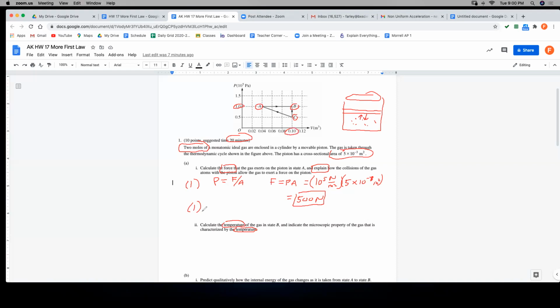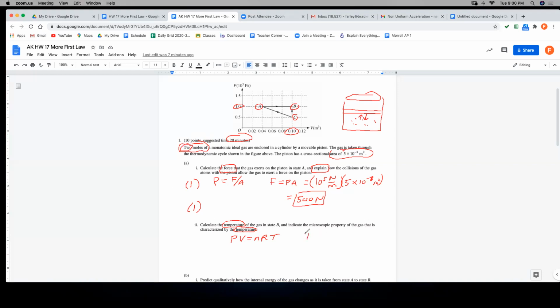And so to find the temperature, we can use PV equals nRT. And the reason we can do that is because we know n. It tells us that 2 moles of gas are present.